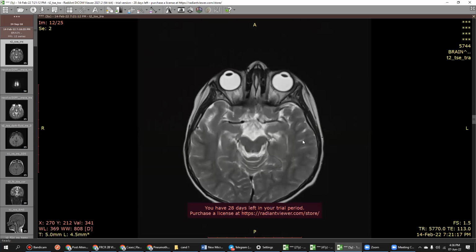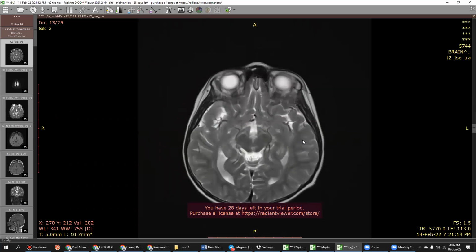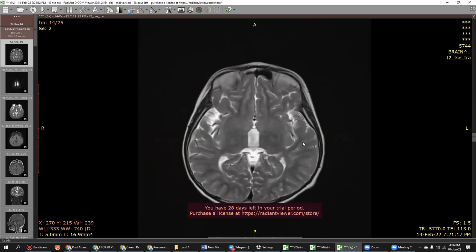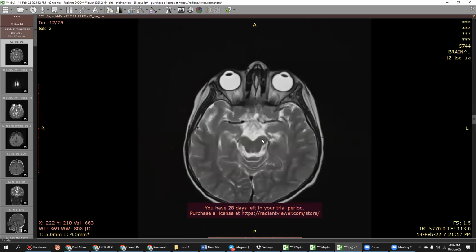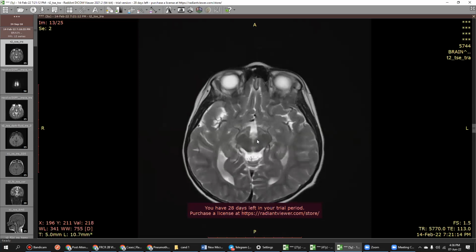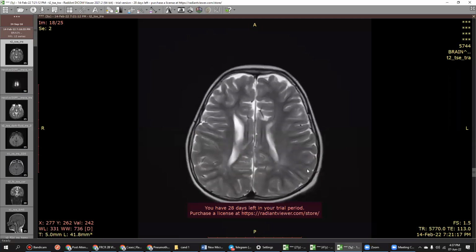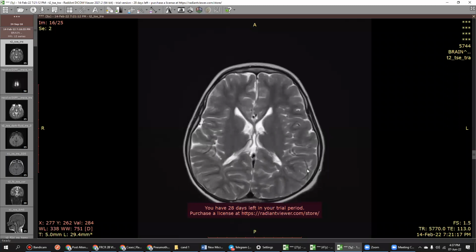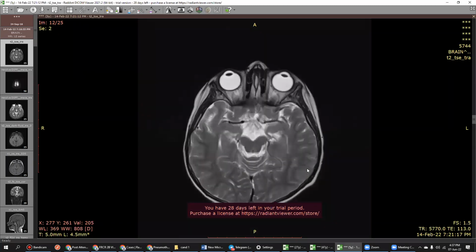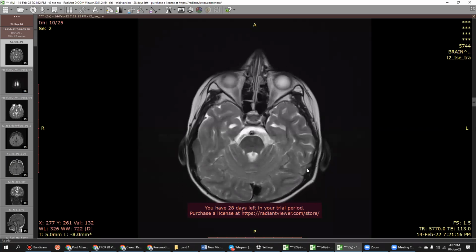I can see there is some hyperintensity in the region of suprasellar region and this perimesencephalic region. Other than that, I don't see any other evidence of any brain parenchymal abnormality, no ventriculomegaly, no midline shift, and mastoid air cells are normal.